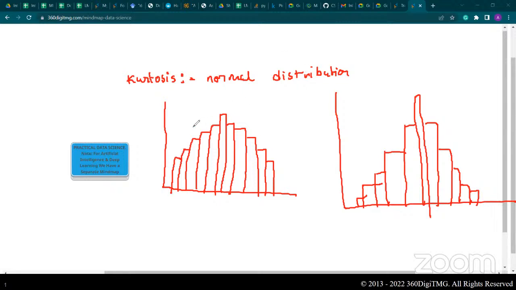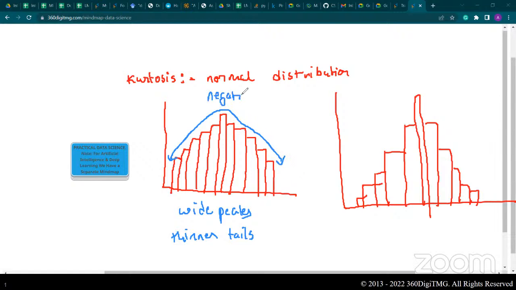So here again we draw the lines. All right, so here one thing we'll notice is it has wide peaks and thinner tails. There is not much tailing going around on either side. So this is known as negative kurtosis.